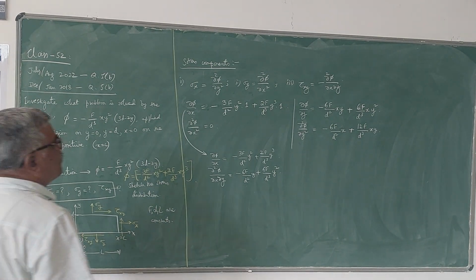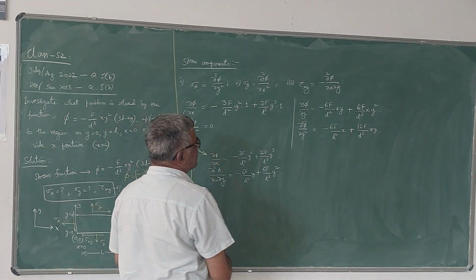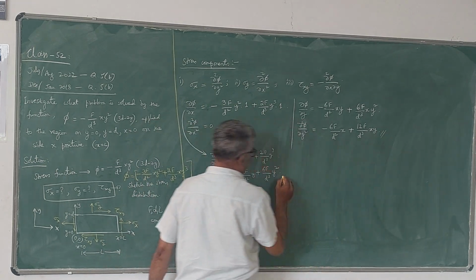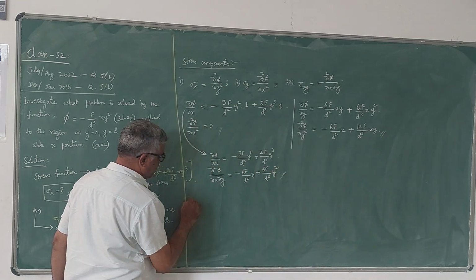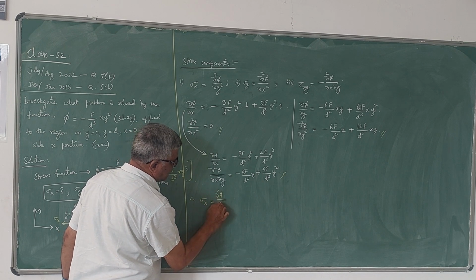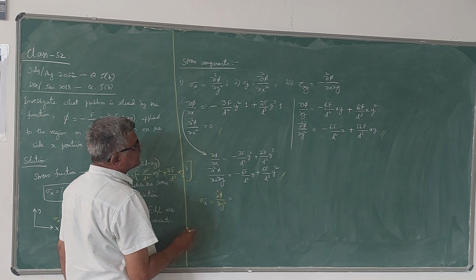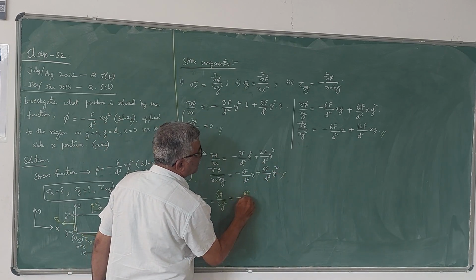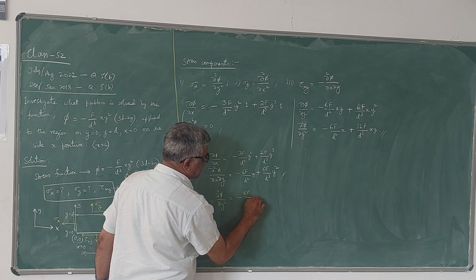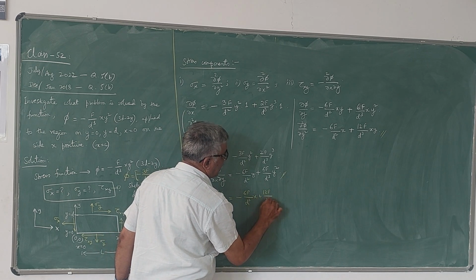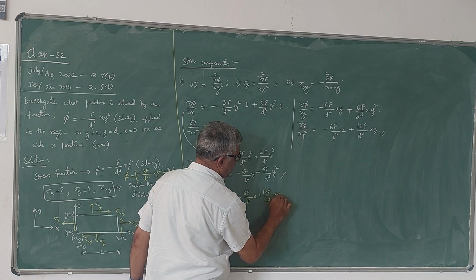Now, once you get these derivatives, you can write sigma x, sigma y, tau xy. So therefore, sigma x is equal to dou square phi by dou y square, which is this: minus 6f by d square x plus 12f by d cube xy.